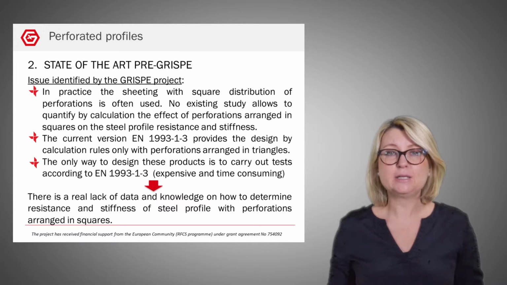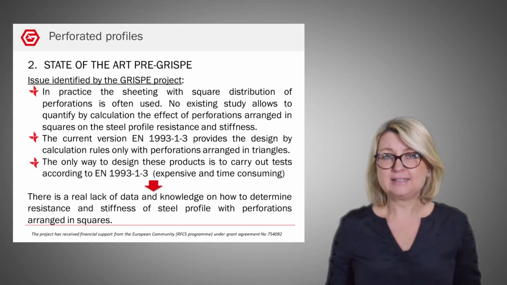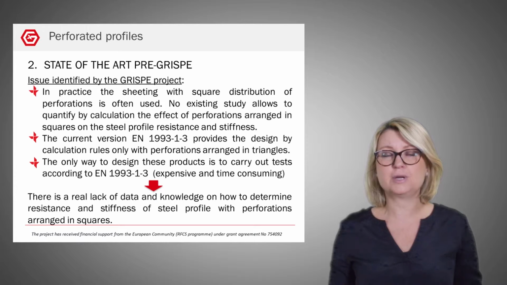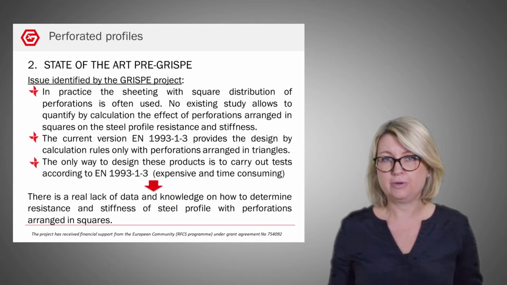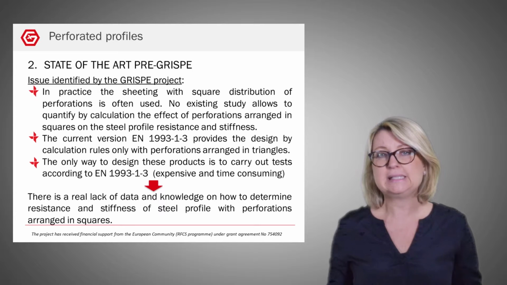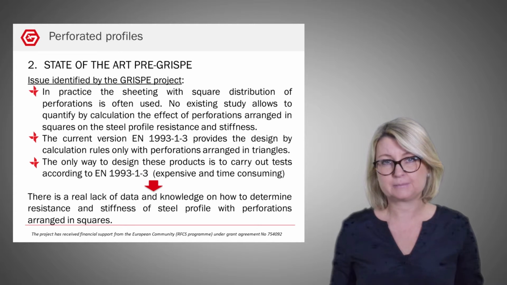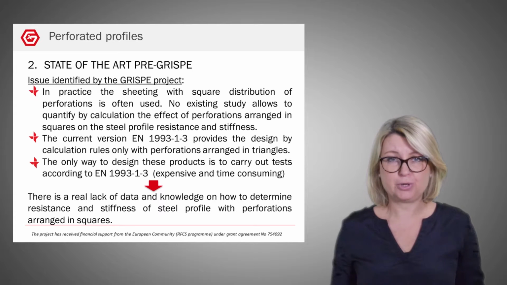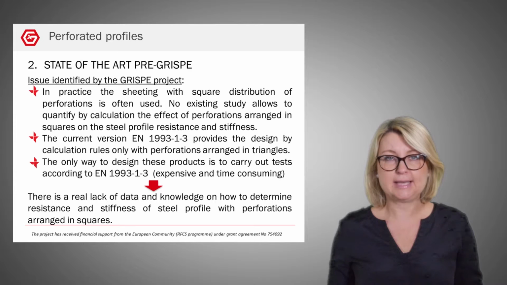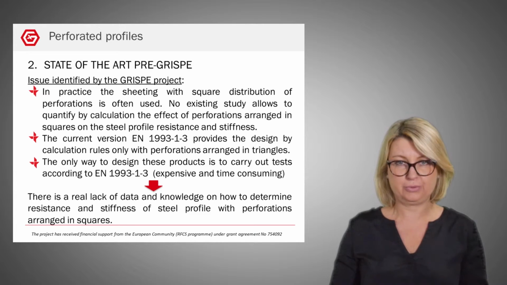Thus, at the beginning of the GRISP project, we could observe that despite the frequent use of perforations arranged in squares, there was no information given by the Eurocode or by the literature on how to take such perforations into account when designing steel profiles. Actually, the only way to design such products is to carry out tests according to Eurocode 3 Part 1-3.